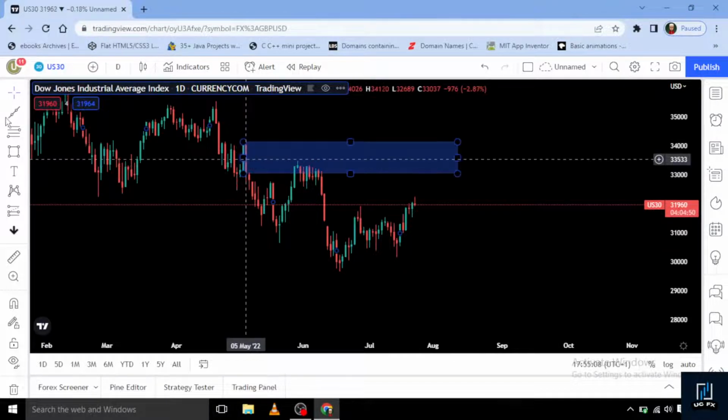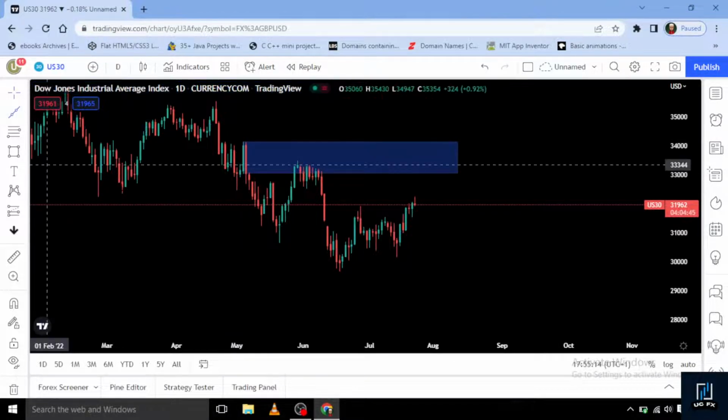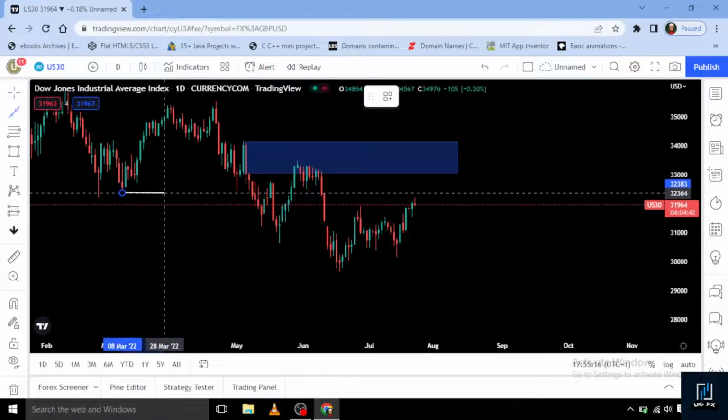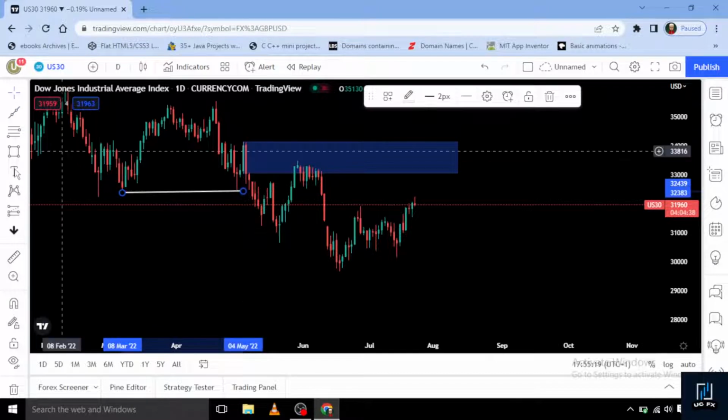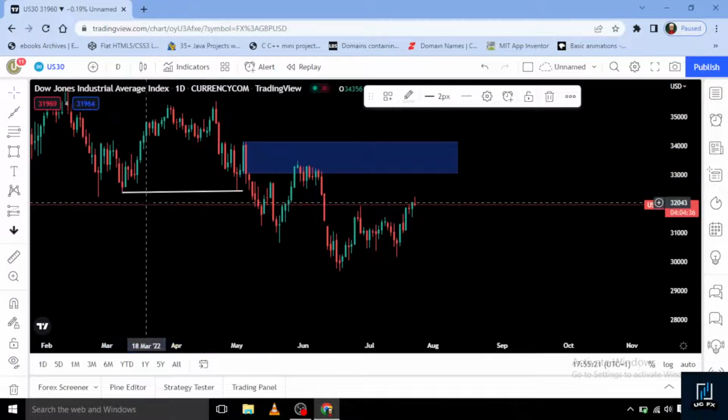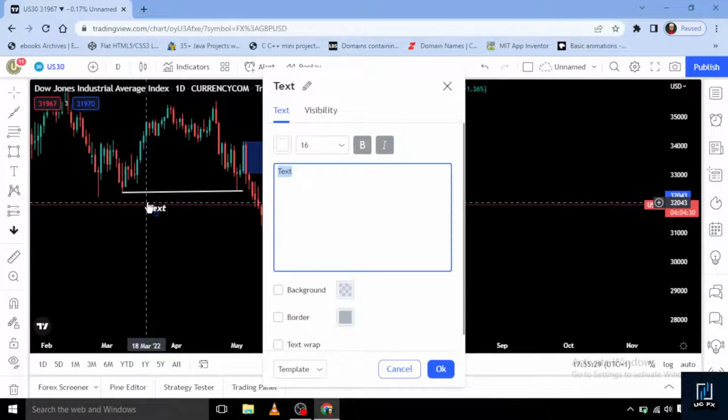So you need to spot a break of structure, which is actually the third step. So here we had a break of structure. So you need to mark that out as BOS. So this is our break of structure.